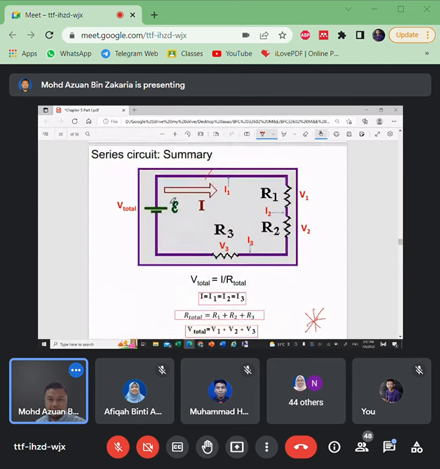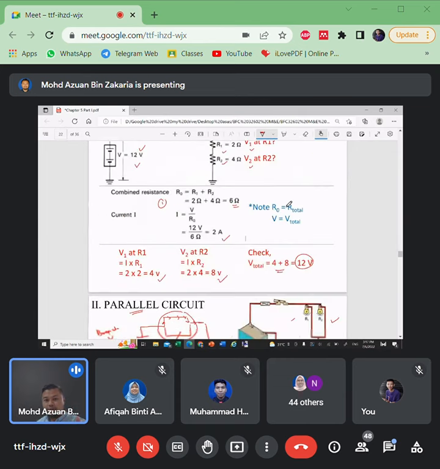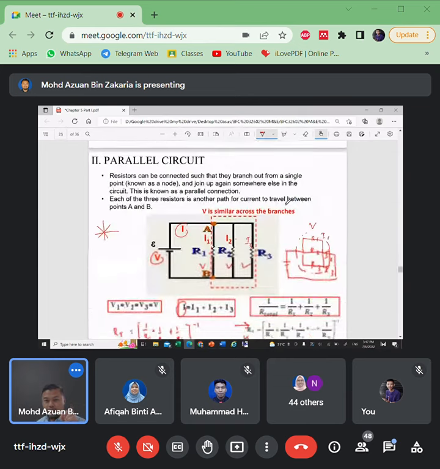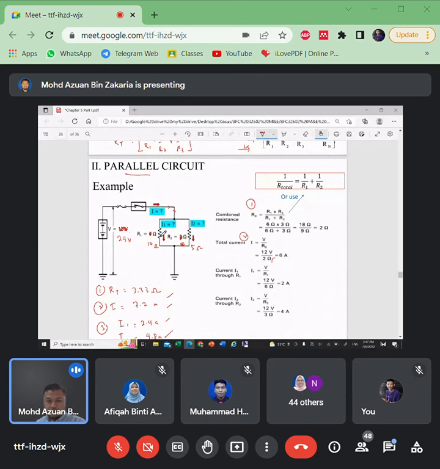In series, the voltage is different at each resistor, so you have to sum up because the voltage is shared among each resistor. Meanwhile, for a single parallel like this, we can assume the voltage is similar here and here, also 24.